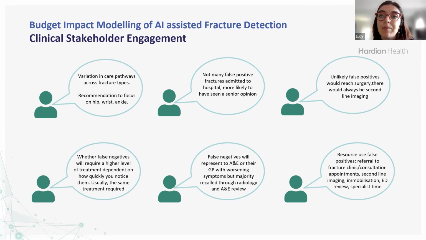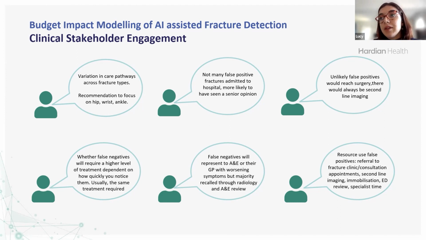They also identified the avenues through which these false negatives will represent to the healthcare system. So initially we just assumed that all patients will come back to A&E, but the KOLs said that some of them will go to their GPs, and some will be identified through the radiology and A&E review setup that some trusts have.